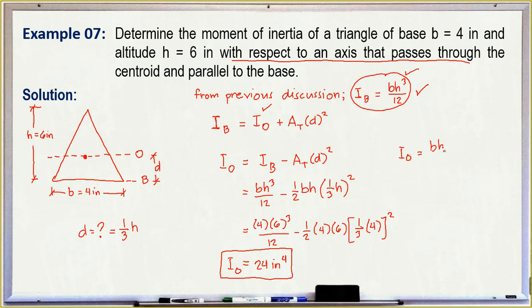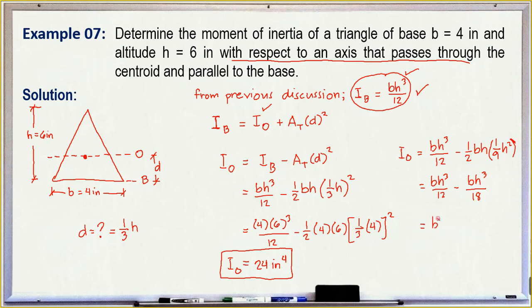We have bh cubed over 12 minus 1/2 base times height times 1/3 squared, so that is 1/9, then h squared. So simplifying further, bh cubed all over 12 minus 9 times 2 is 18, so bh cubed over 18.